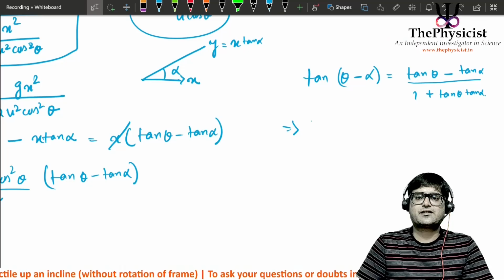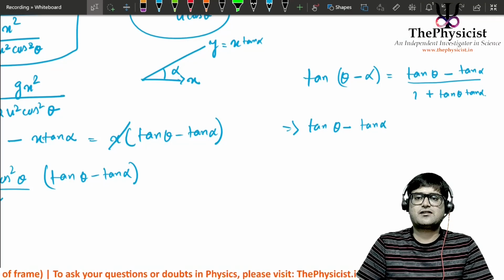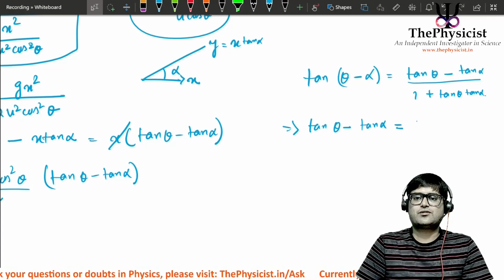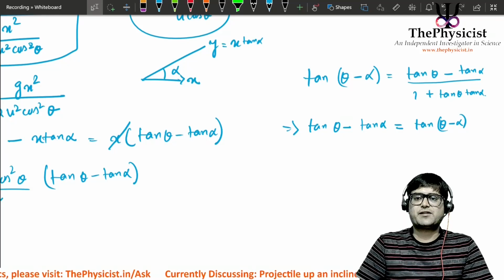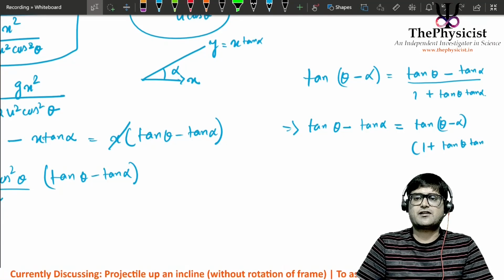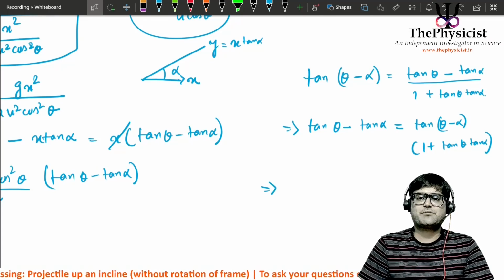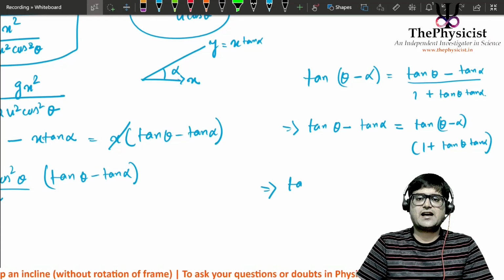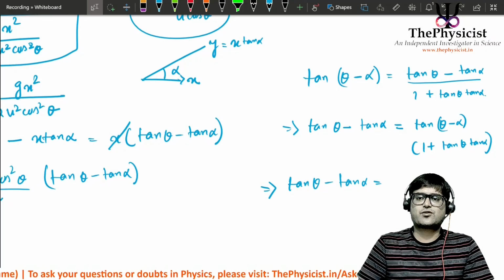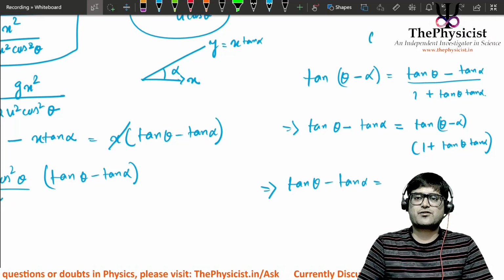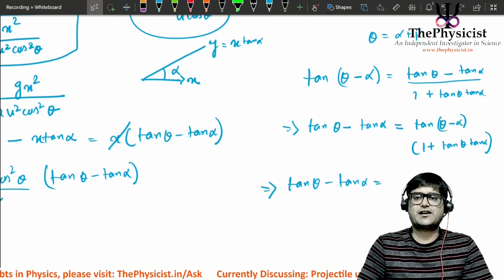So we can write tan theta minus tan alpha will be equal to tan of theta minus alpha multiplied by 1 plus tan theta tan alpha, right? We know theta equals alpha plus beta, so theta minus alpha is equal to beta.